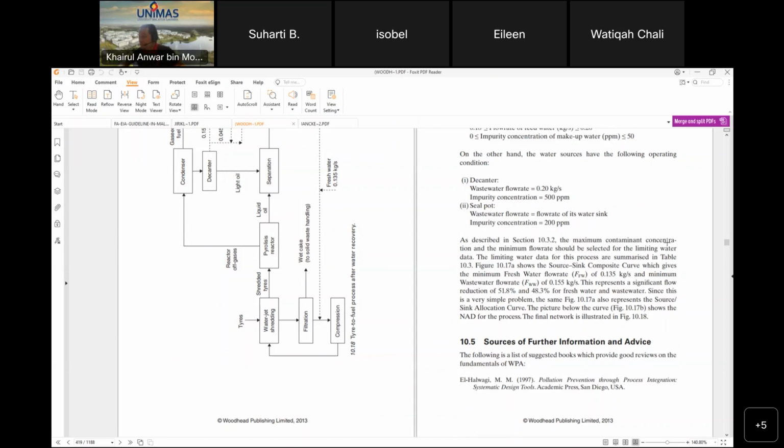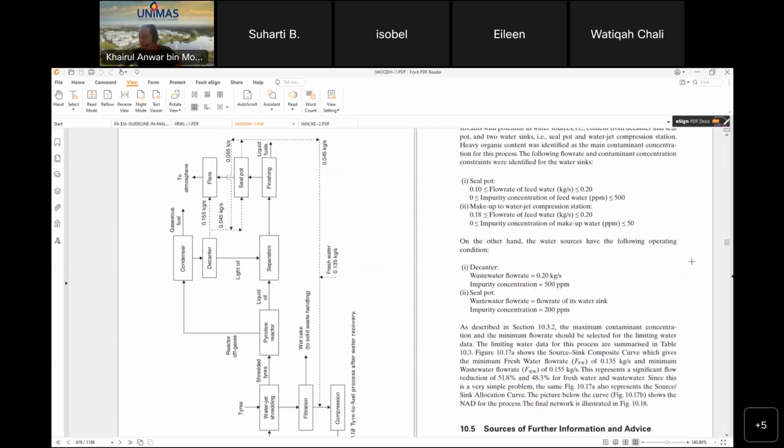The maximum contaminant concentration and minimum flow rate should be selected for the limiting water data. The limiting water data for this process are summarized in table 10.3.